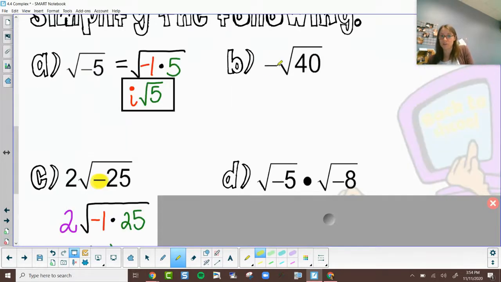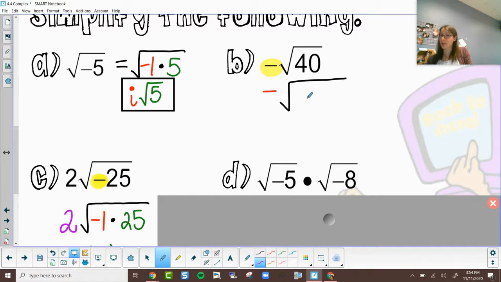Because here's the good news. The negative is on the outside, and we can have negative square roots. I can do negative root too. I think we've seen that a couple times before this particular topic. So no i's are going to be involved. The 40, though, I'm going to leave this negative on the outside. 40 is not a perfect square like 25 is. But here's the good news.